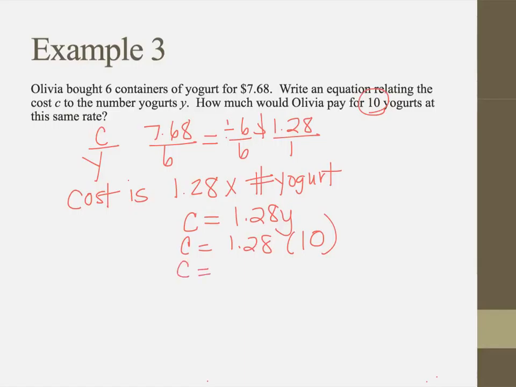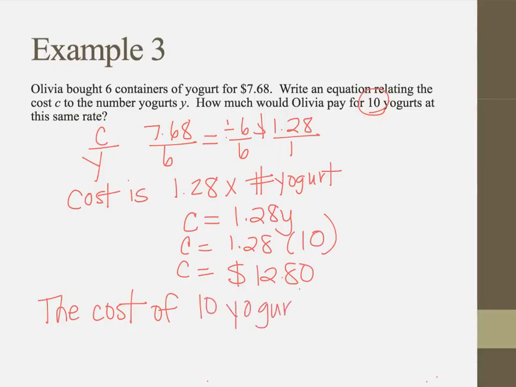So the cost is equal to, and if I use my calculator, I'm going to get $12.80. So we can say the cost of 10 yogurts is $12.80. Let's look at the last example.